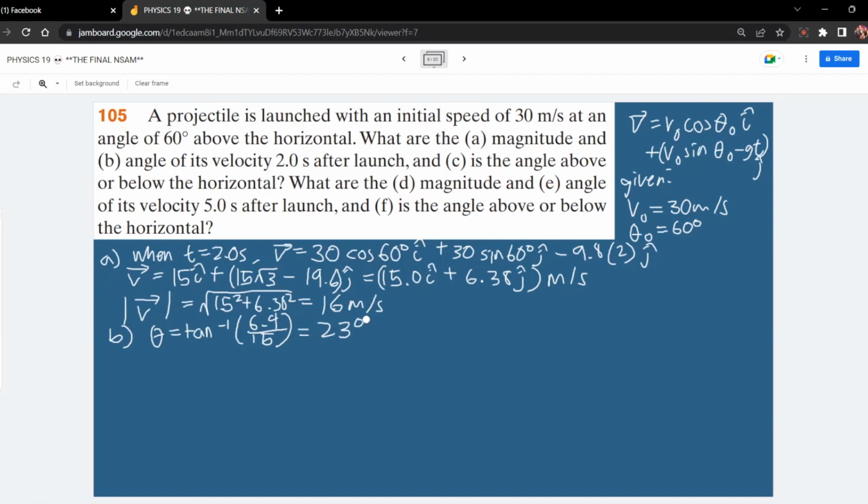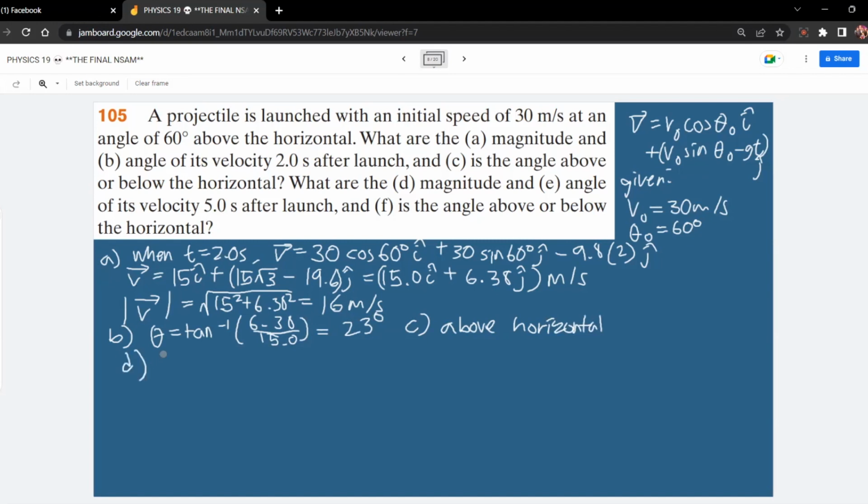I think dito useful na gamitin mo yung 3 sig fig. Tangent inverse of 6.38 over 15.0. And then once you get that, that's when you round off. So 23. Okay, and then above or below the horizontal? Yun.